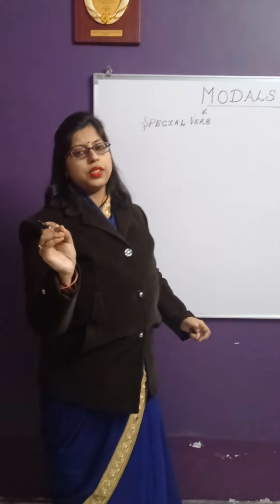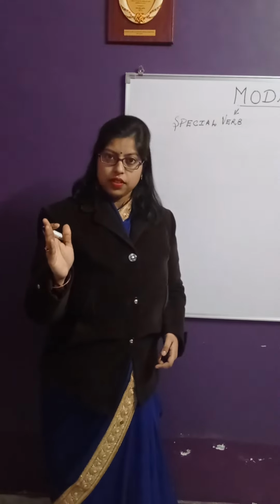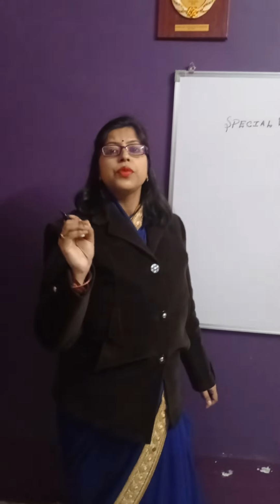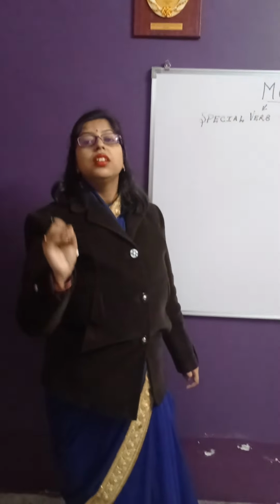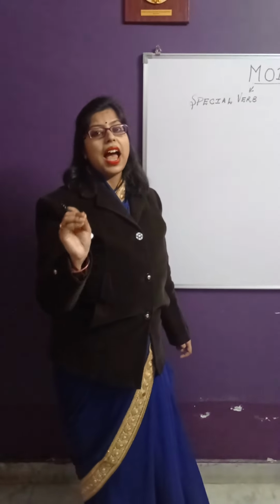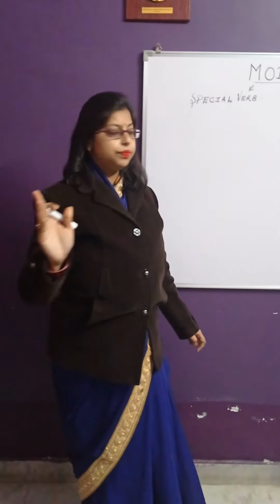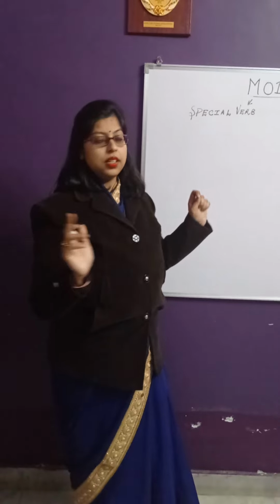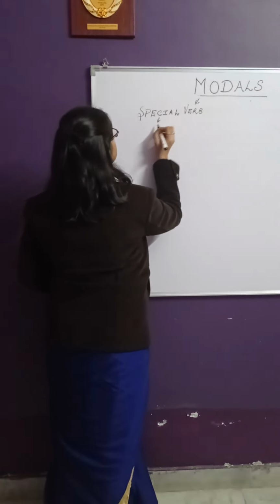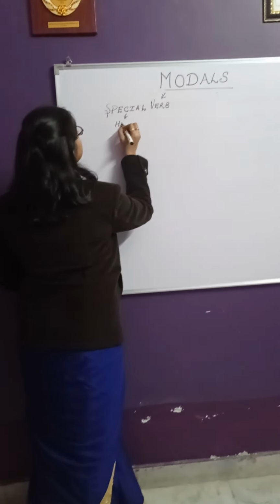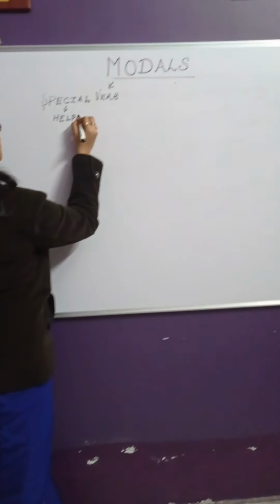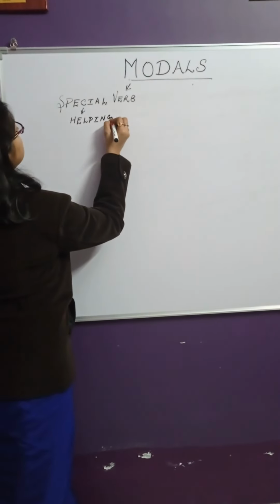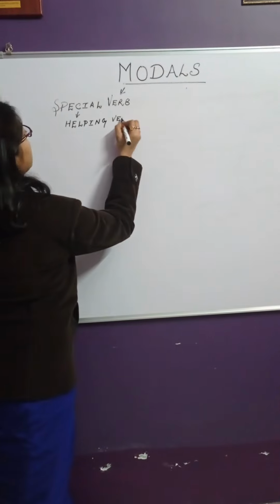It will just take a few seconds. Verbs are action words, as you all know, like swim, sleep, come, go, narrating the action of the doer. Why special? Special because they are the helping verbs.